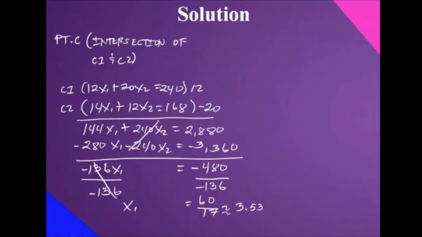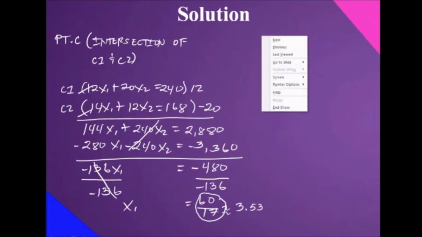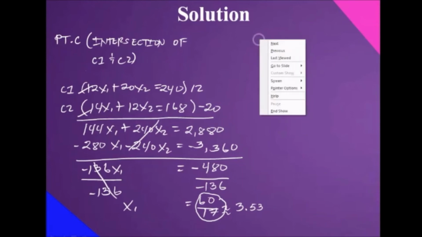Ginawa ko lang pong fraction para ito muna yung gagamitin natin na pang-substitute sa magiging equation natin for as part of the calculation to find the x sub 2. Mas madali kasing gamitin ang fraction dahil yung pinakadulong decimal niya makukuha natin. Gamitin ko na yung equation 1, yung equation ng C1 natin for looking for the value of x sub 2.